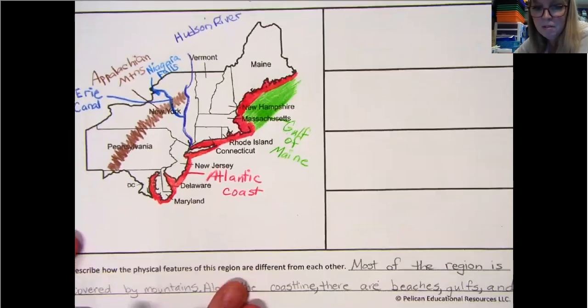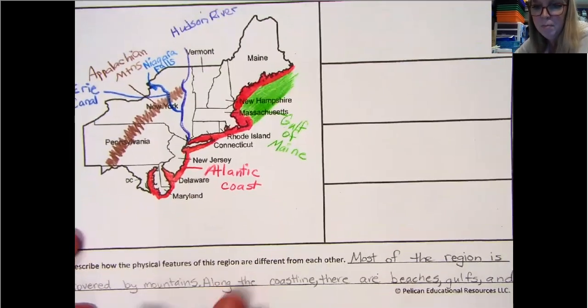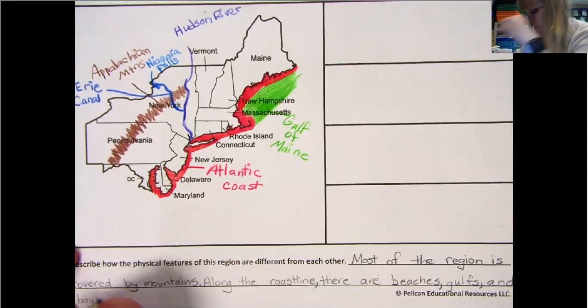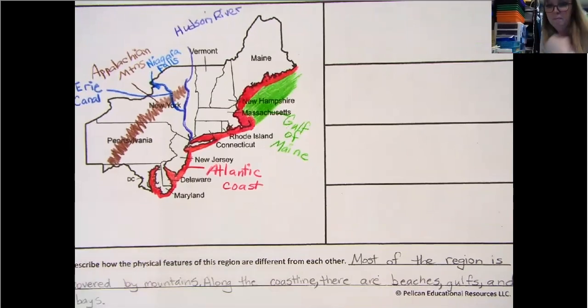Okay? Most of the region is covered by mountains. Along the coastline, there are beaches, gulfs, and bays.